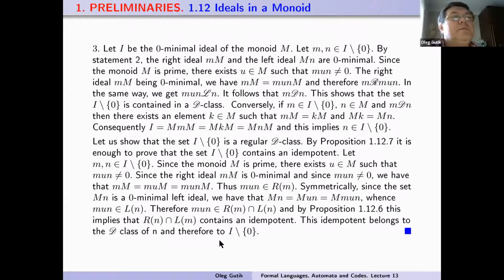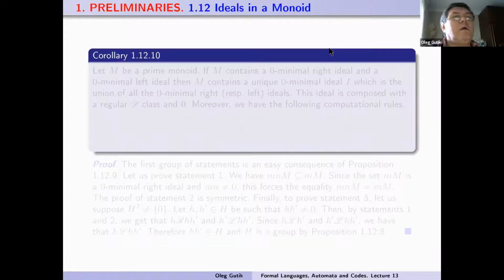This completes the proof of the last sentence. So, as a consequence of the previous proposition, we get the corollary 1.12.10. Let M be a prime monoid.